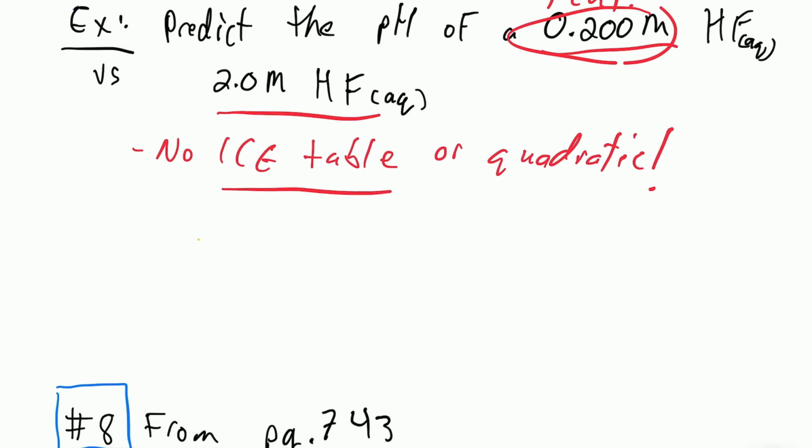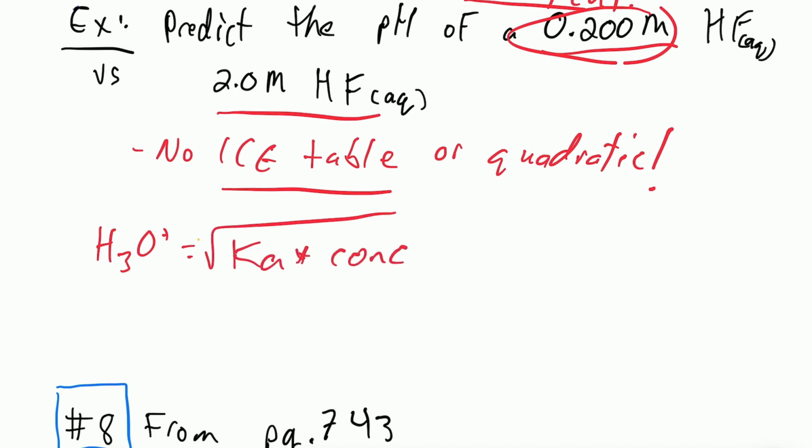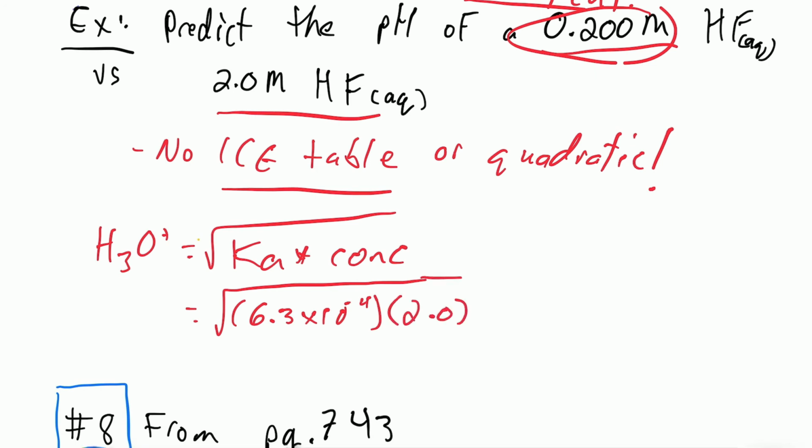So we could jump right to the shortcut, which is H3O plus is equal to the square root of Ka multiplied by the concentration. The Ka value is 6.3 times 10 to the negative 4, multiplied by the concentration of 2.0 moles per liter. And that'll be our H3O plus concentration.